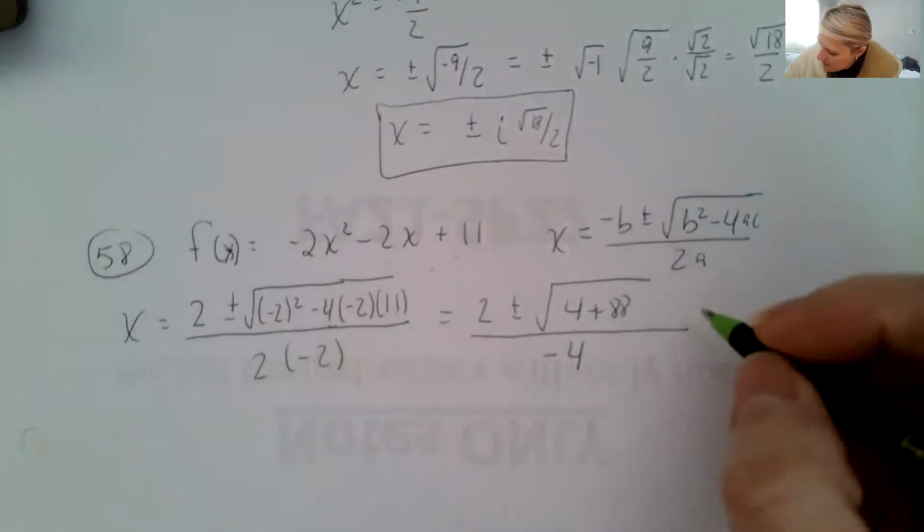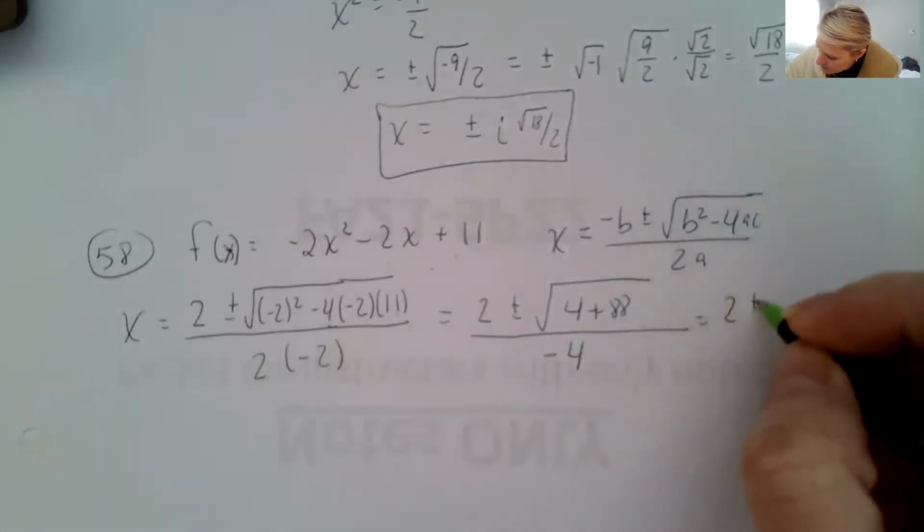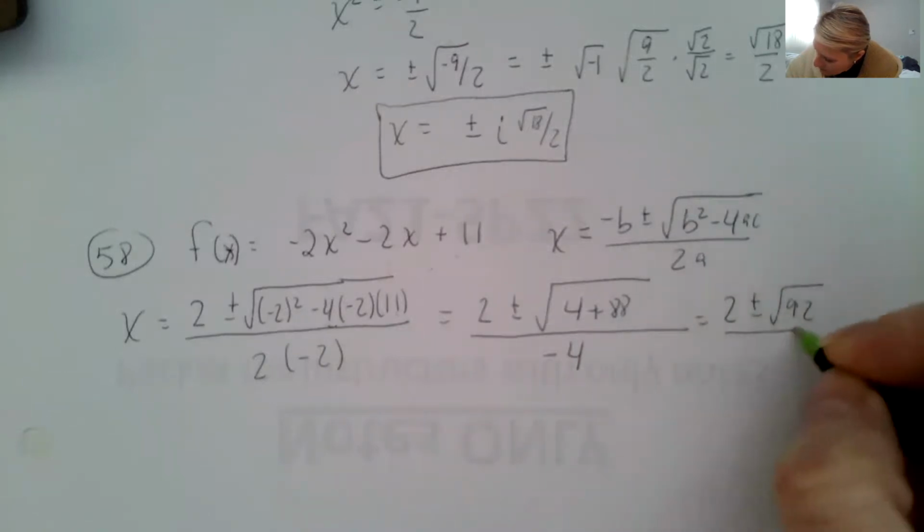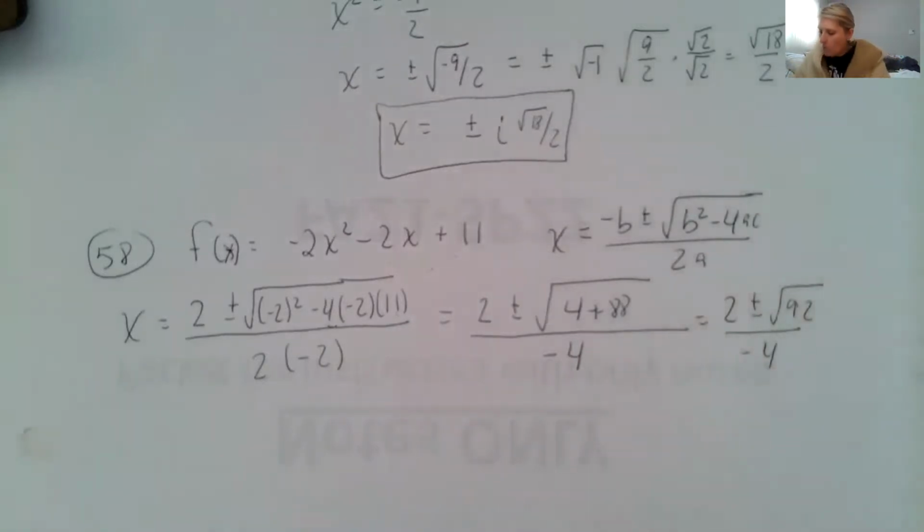Okay. So this is going to be 2 plus or minus the square root of 92 over a negative 4.